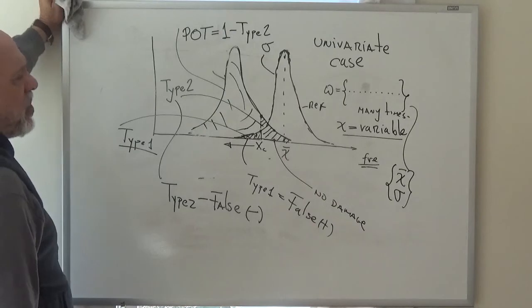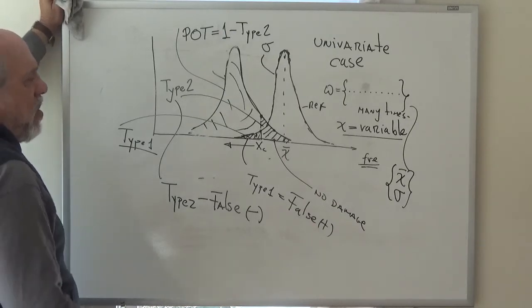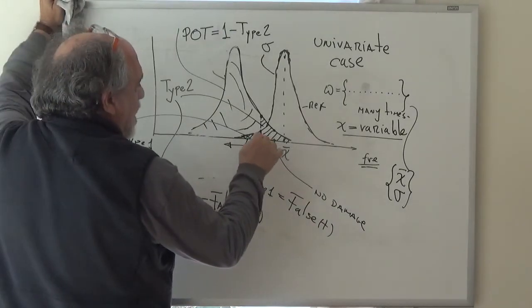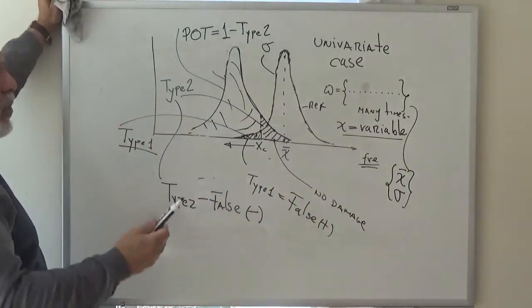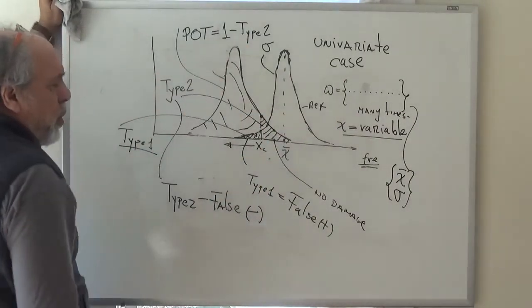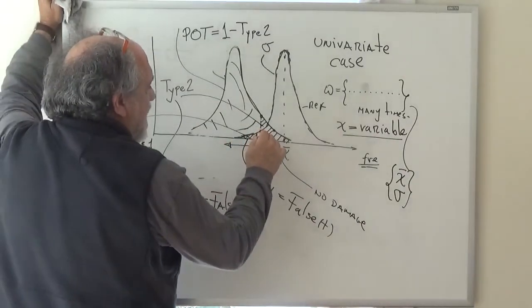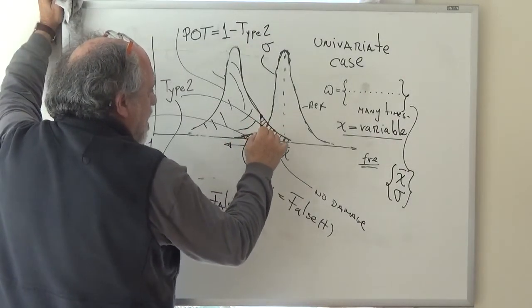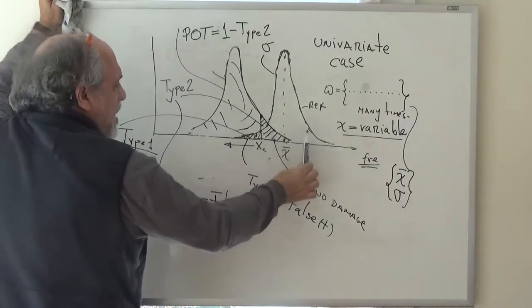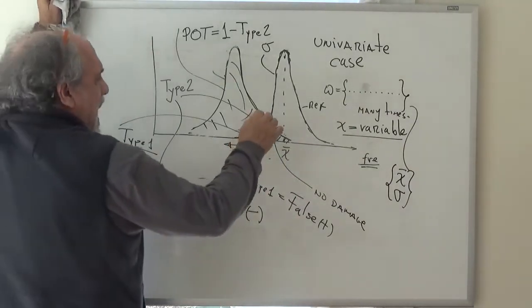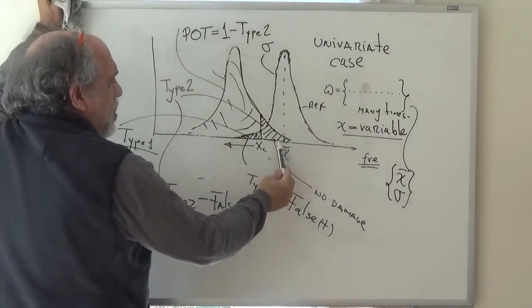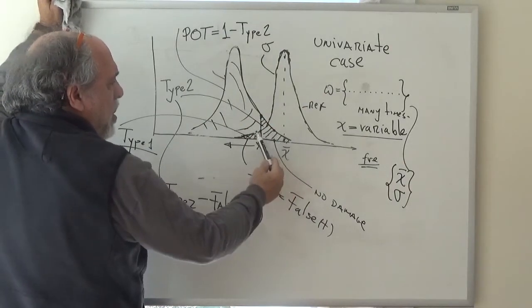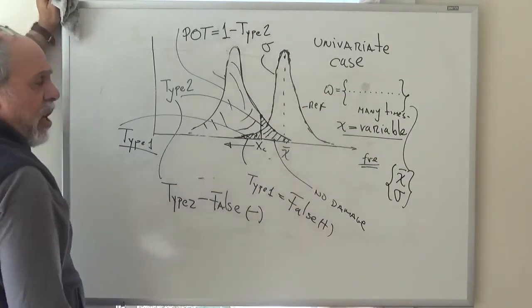Now once the damage shifts to there, then we say, okay, where does xc fall? We don't know where this is, so this is just a description in terms of imagine that we knew it. So if xc is here, then we see that the distribution has a right side. And that area under there is an area where if we get values after the system is damaged, we would say it's not damaged, right?